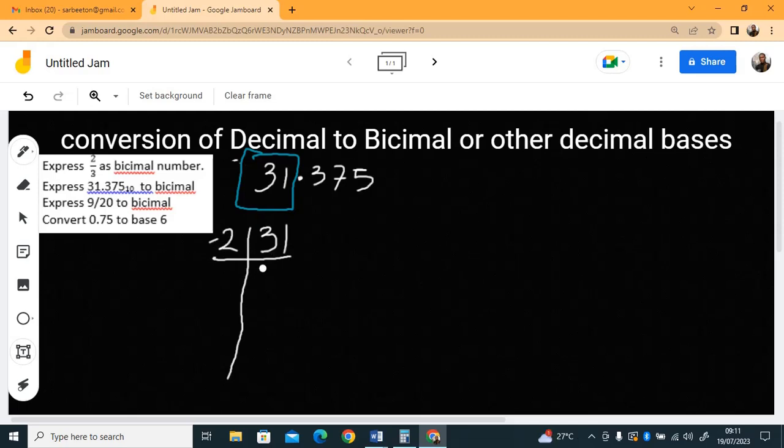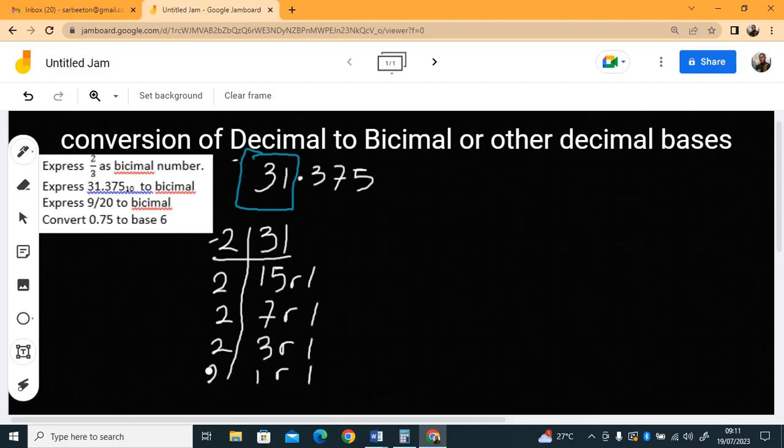2 in 31 is 15, right? Remainder 1. 2 in 15 is 7. Remainder 1. 2 in 7 is 3. Remainder 1. 2 in 3, 1. Remainder 1.